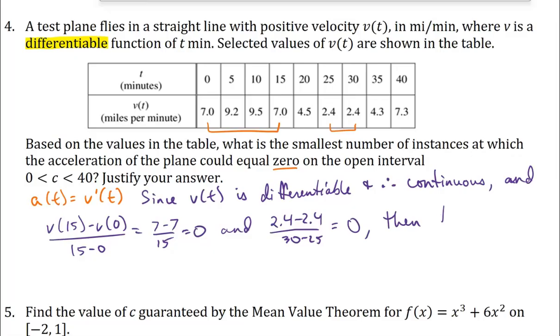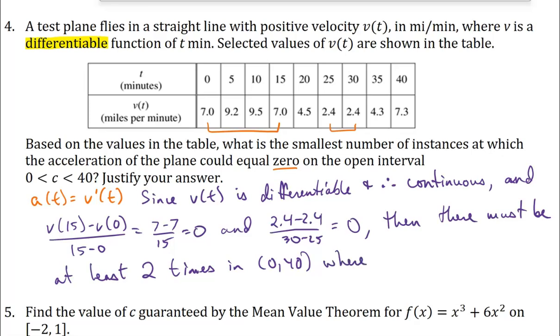Then there must be at least, just forgot the t, 2 times in 0 to 40 where acceleration is equal to 0 by the mean value theorem.